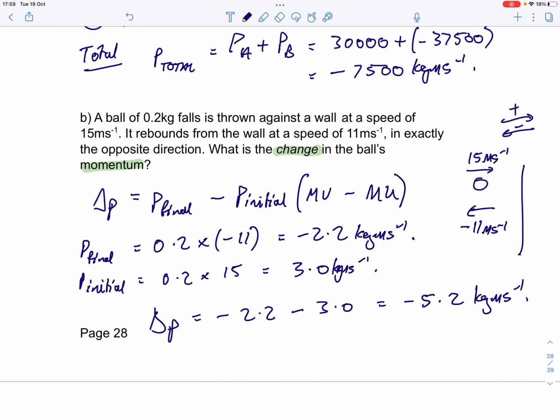Here we again see a possibly counterintuitive result, because the change in momentum is larger than either the final or the initial momentum, but because we're taking a number away from a negative number, because of the change in direction, we end up with quite a large negative number.